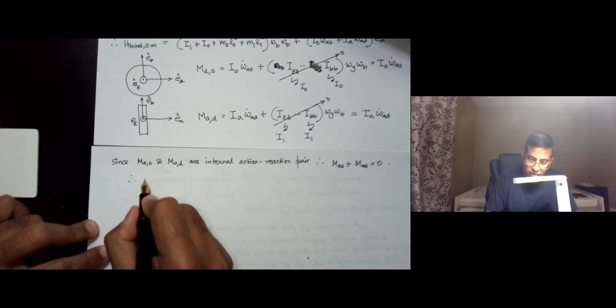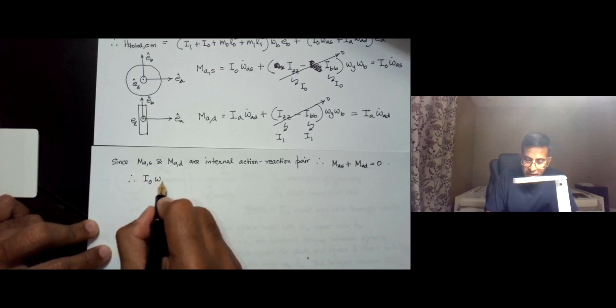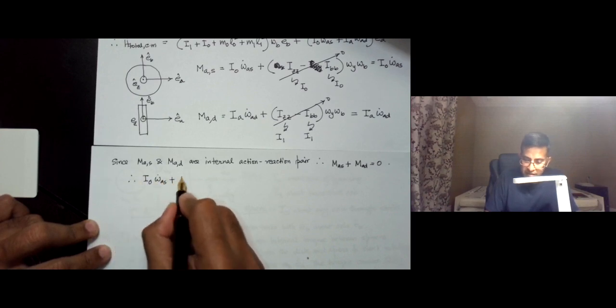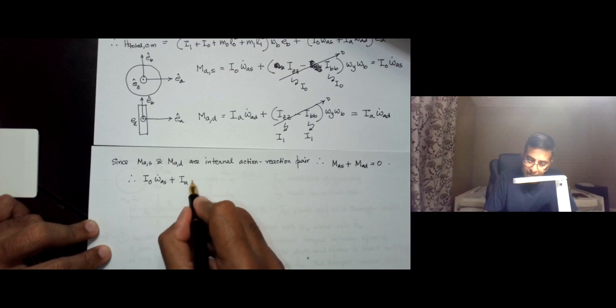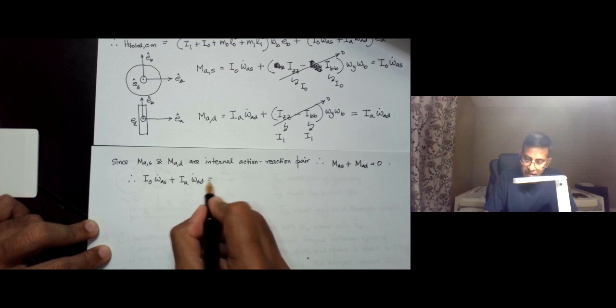And since that sum is equal to 0, therefore I naught omega AS dot plus IA omega AD dot is equal to 0.